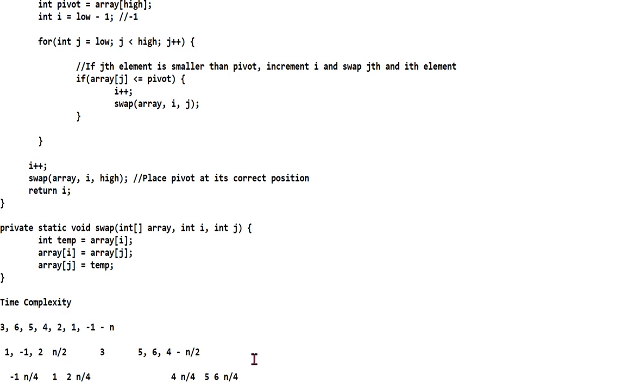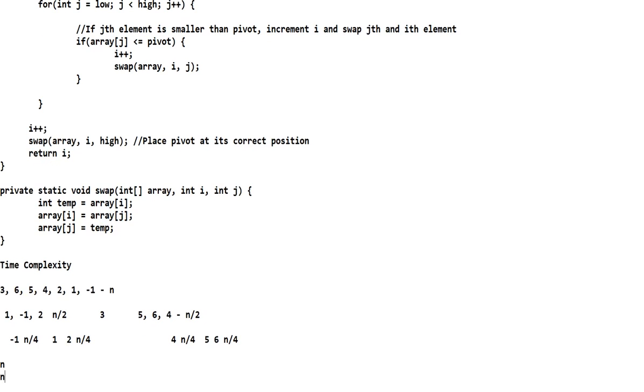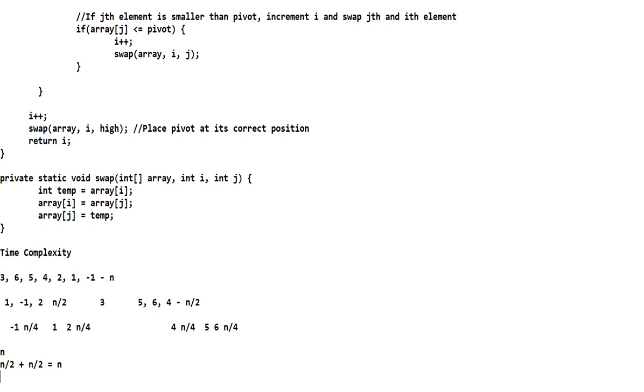So at level 1 we are doing n work. At level 2 we are doing n by 2 plus n by 2, which is equal to n. At level 3 we are doing n by 4 plus n by 4 plus n by 4 plus n by 4, which is equal to n.